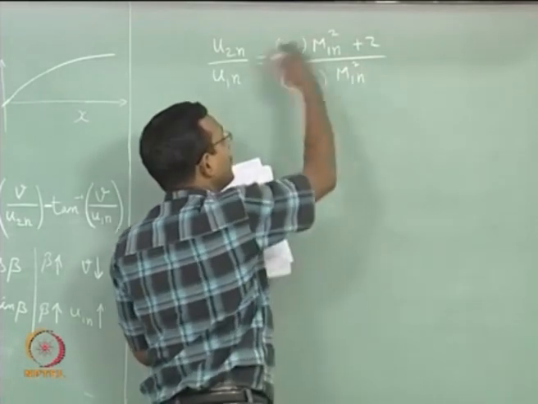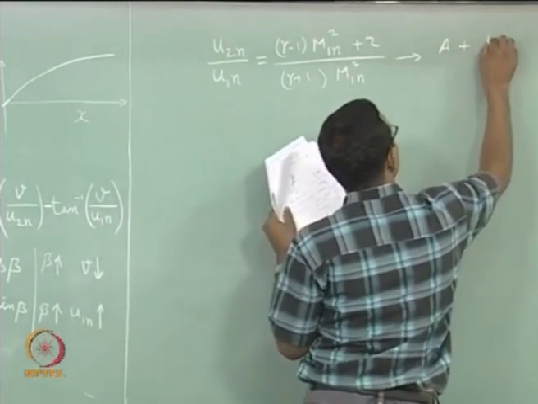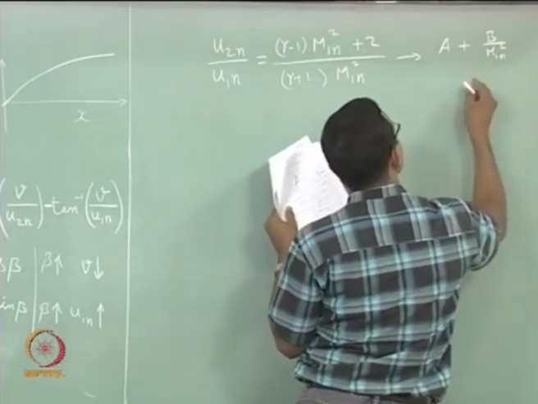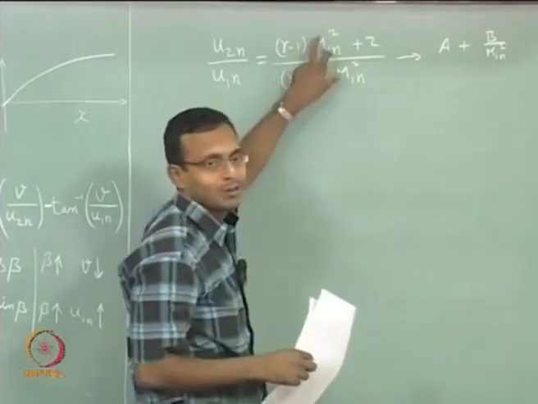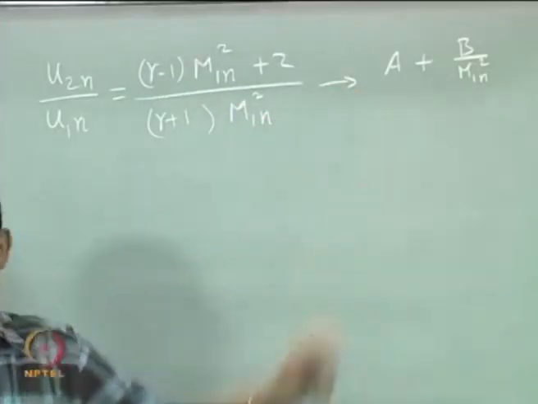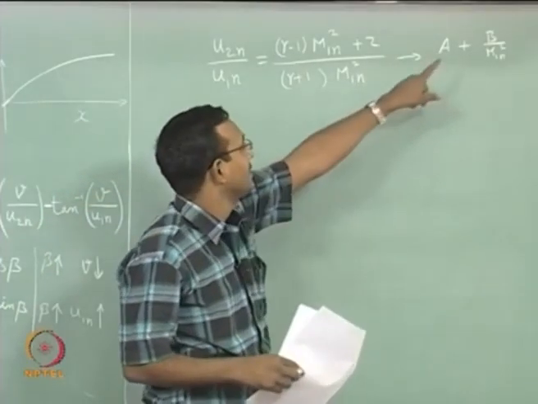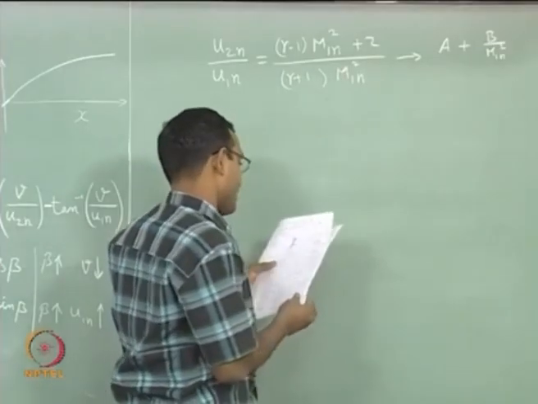I can regroup this such that it becomes something like a plus b by m1 normal square. I divide the numerator and denominator by m1 normal square, where a becomes gamma minus 1 by gamma plus 1 and b becomes 2 by gamma plus 1, and you get to this point.